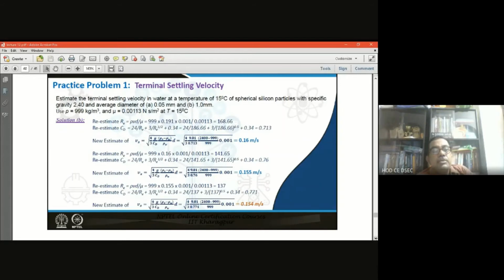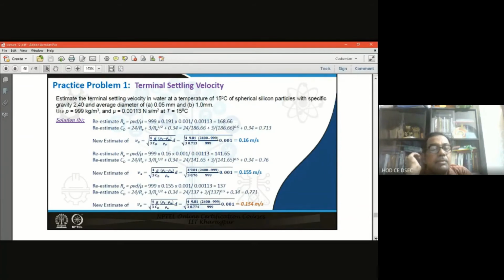So first you estimate the Reynolds number, rho Vd by nu. Here, what is V? 0.191, given in that earlier problem. So rho Vd by nu is estimated as 168.66, and so it is greater than 1.